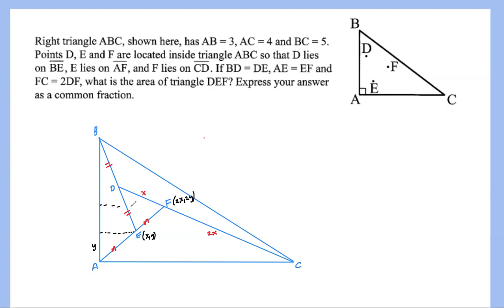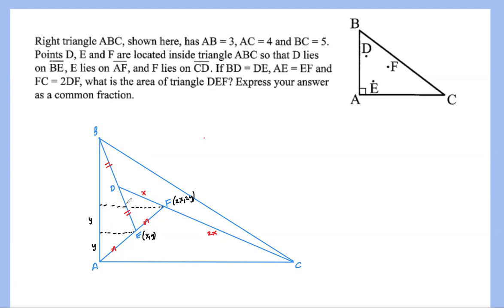The reason why I'm doing this is I need to know the coordinates of D in terms of x and y, so I can go from there. Since this is y units, this is also y units, because this is just the opposite end of that midpoint. Okay, and then we know this is y, but how is this going to be useful?